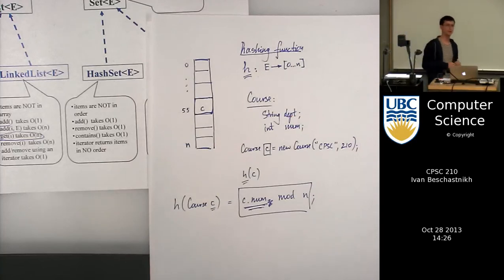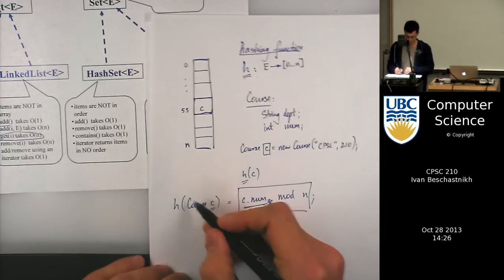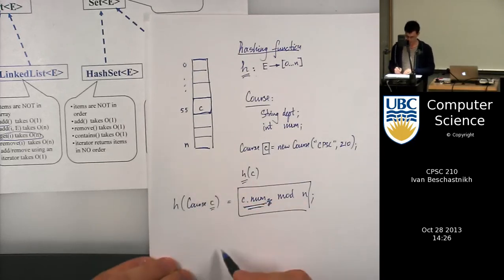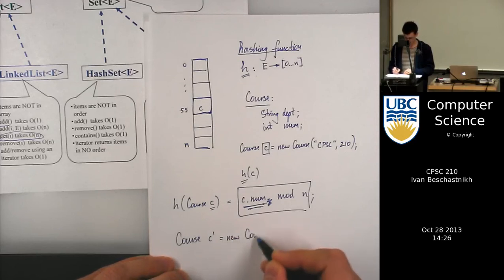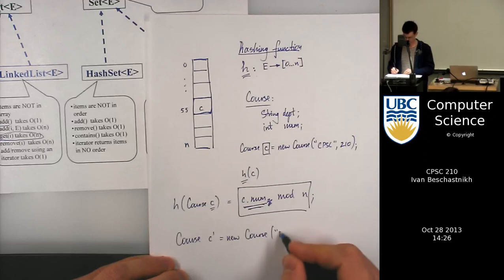And just the way you have it set up now, if you had a course in a different department with the same number, would it put it in the same cell? Great, so good question. So now the question is, well, what if I have a different course? What if I have course C prime, and it's a new course, but it's in the physics department. So I don't know what the physics is.